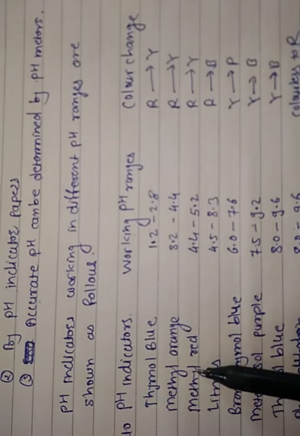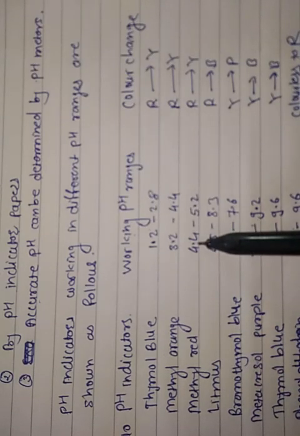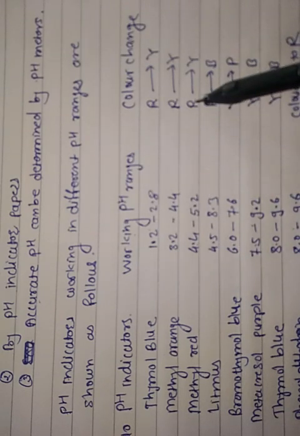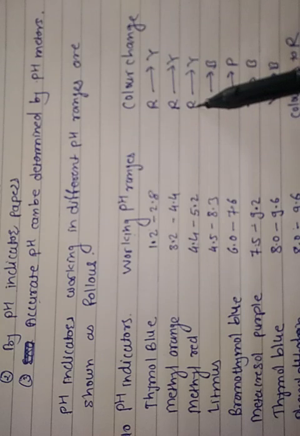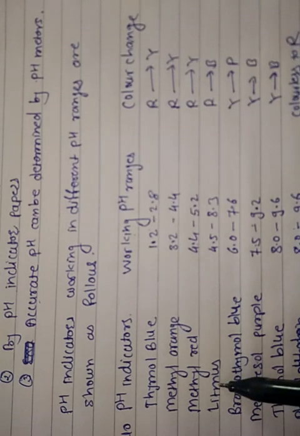Methyl red is an indicator that works at pH range 4.4 to 5.2 and shows color change from red to yellow. Litmus is another pH indicator.